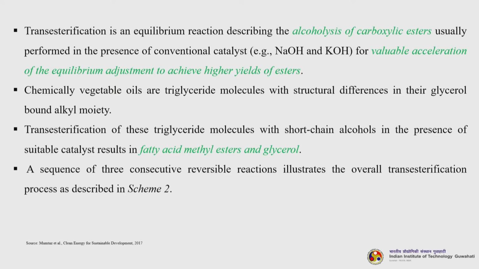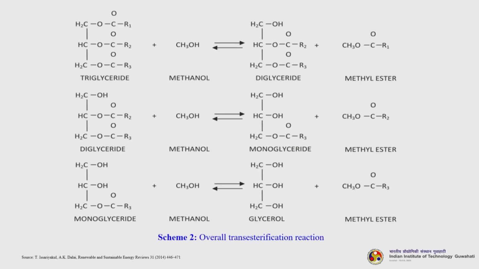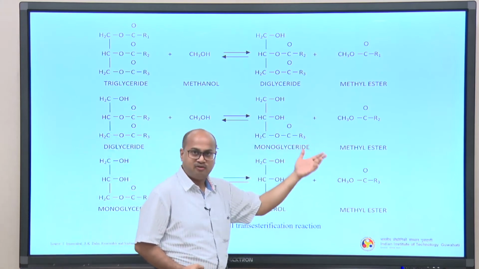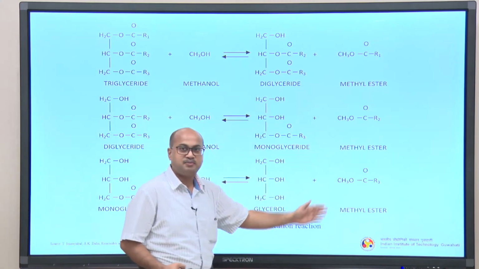Now, a sequence of 3 consecutive reversible reactions illustrates the overall transesterification process. This is the overall reaction mechanism of biodiesel formation. We have a triglyceride that reacts with methanol to give us a diglyceride and one methyl ester. What you see is that we are getting a series of methyl esters, with different R groups R1, R2, R3.